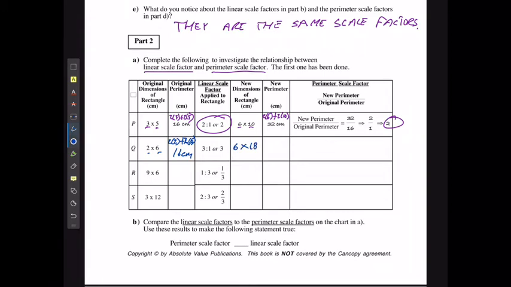If I have 2 times 6 plus 2 times 18, then my perimeter is going to be 48 centimeters, which means that I'm going to take my new perimeter, 48, divide by my original perimeter, 16. That would give me 3 over 1, or 3. And once again, I can see that they match.